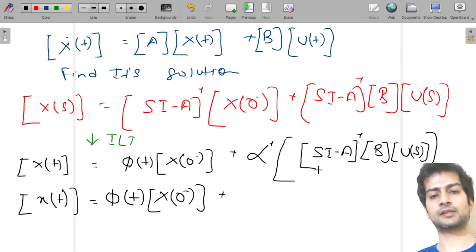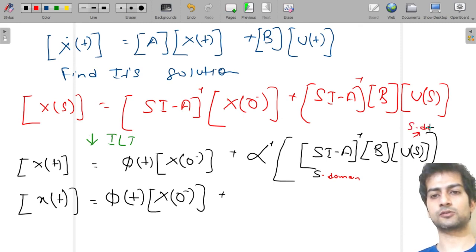See, this part is in S domain. This part is in S domain. B is a matrix, and this part is also in S domain.